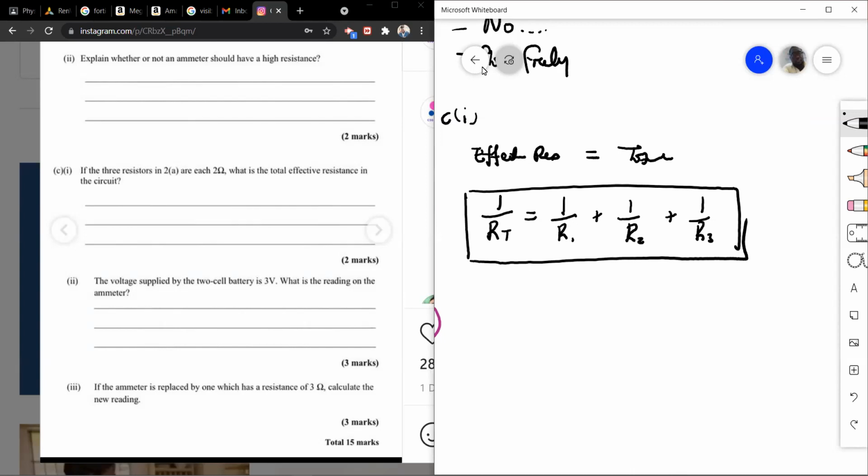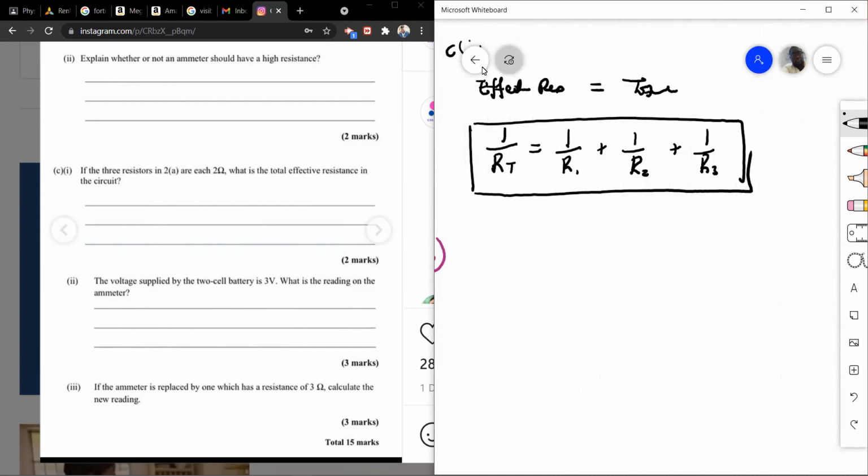There are 2 other formulae that I can use for effective resistance in a parallel circuit. However, each of those 2 other formulae has conditions. For a parallel circuit, the other one that I could use, but not for this question, is product over sum.